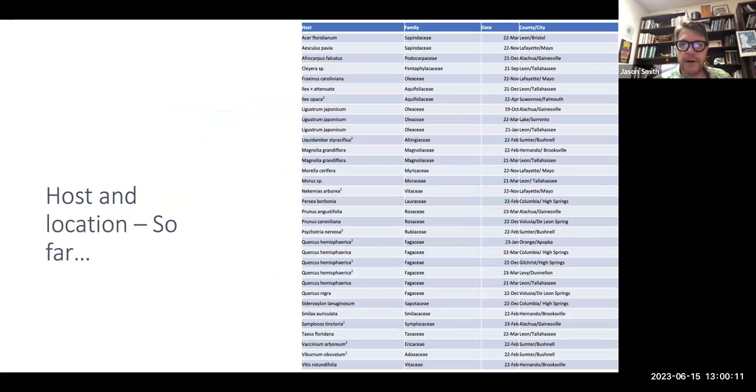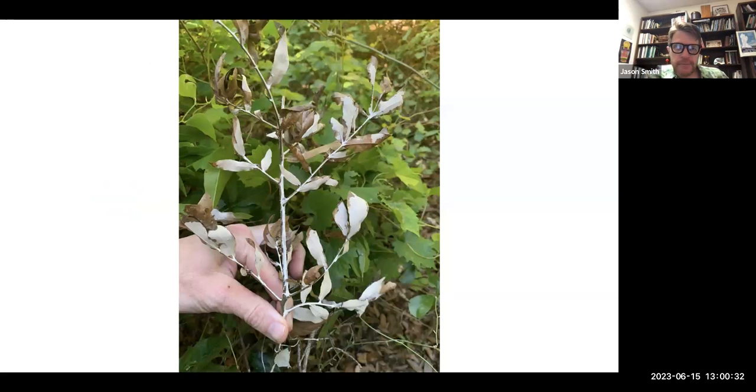The host range is very wide. We found it on many different hardwood species and vines. There are some things that aren't on here, including citrus, which we found it on recently, and it's been found on red bay. We found it on a wide range of hosts, many, many different things, which is very concerning.